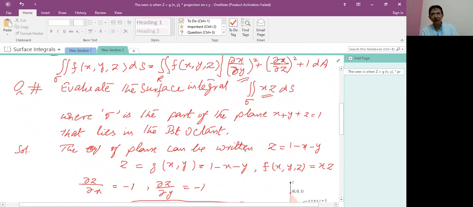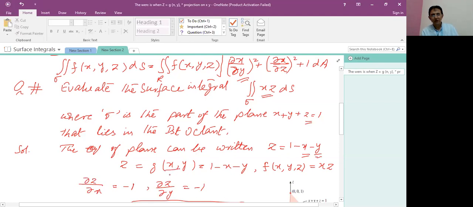The equation of the plane can be written as, if we transfer both values to the right-hand side, z equals 1 minus x minus y. So z equals g of x y, because z depends on x and y, which are both variables.